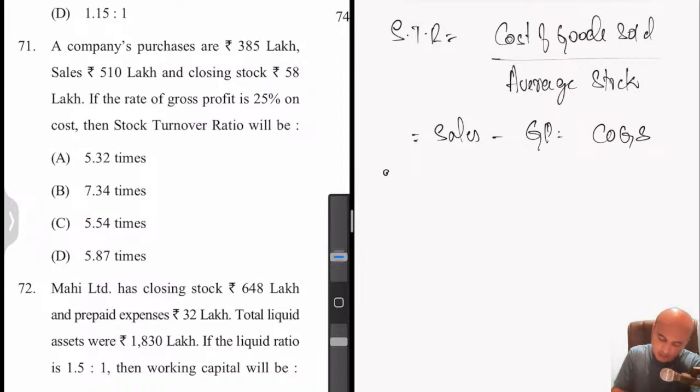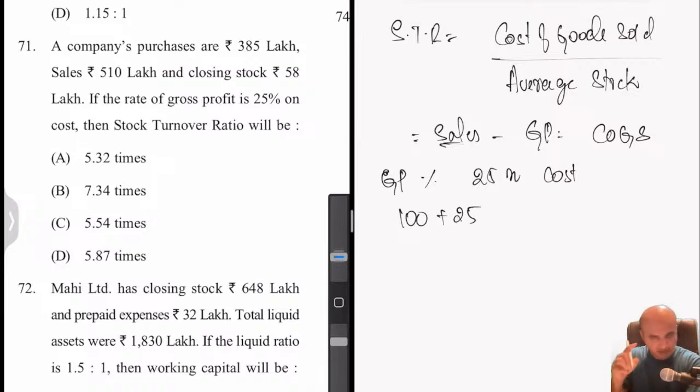Now GP percentage is given as 25% on cost, but we do not have the cost, we only have the sales value here. So imagine 100 is the cost. On 100, if you apply 25% profit on cost, you will get 125 as the selling price.